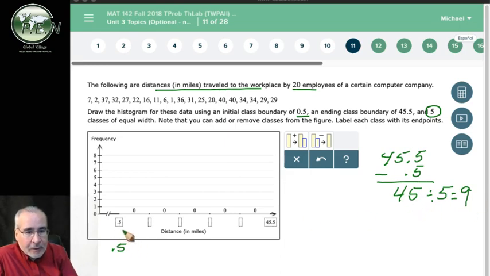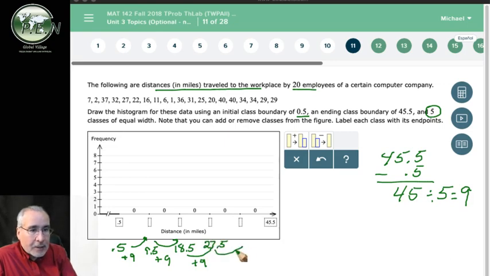So I add 9 here, and I get my next boundary. That one is going to be 9.5. I add 9 again, and then I get 18.5. Plus 9 gives us 27.5.